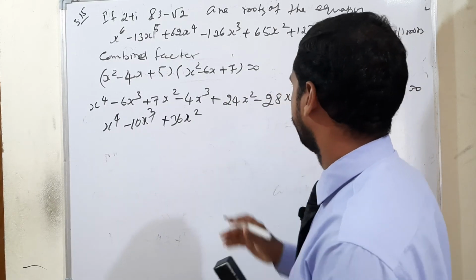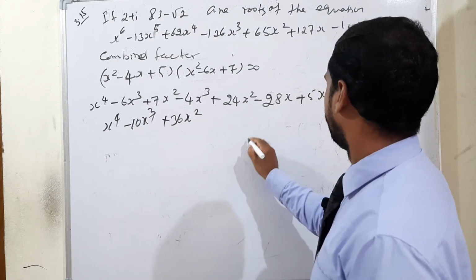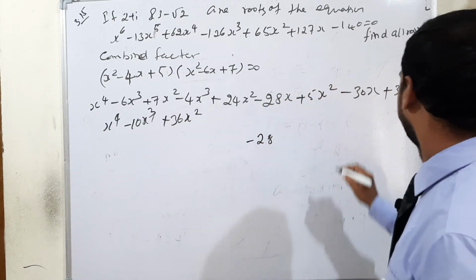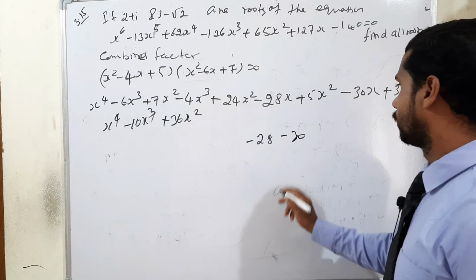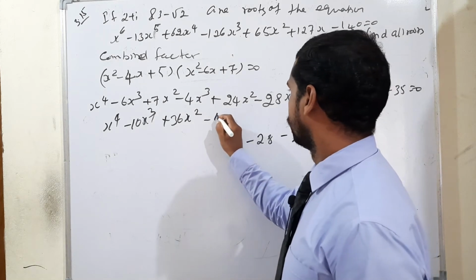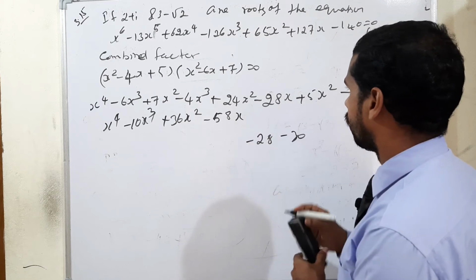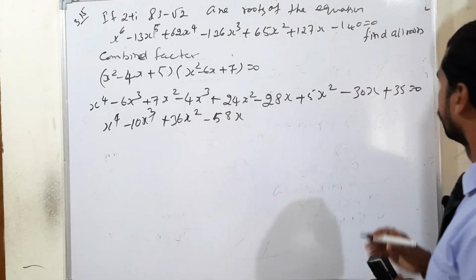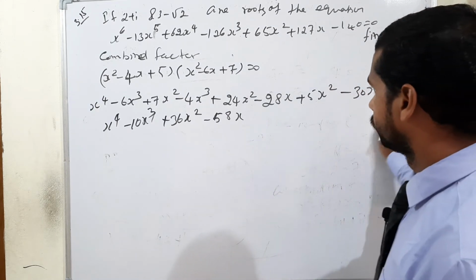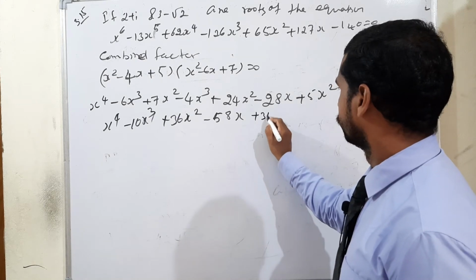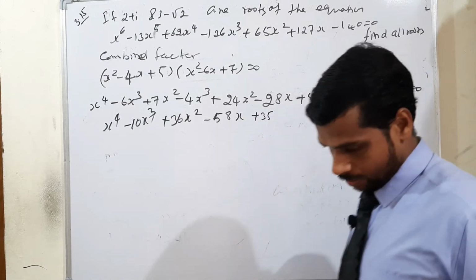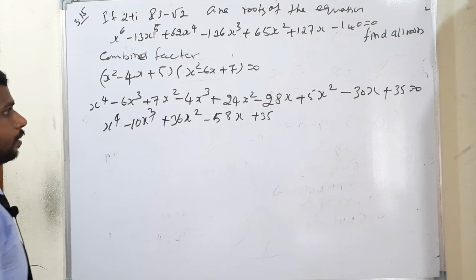Next one, x value: minus 28, then minus 30, so minus 58x. Then constant plus 35. So it is equal to 0.